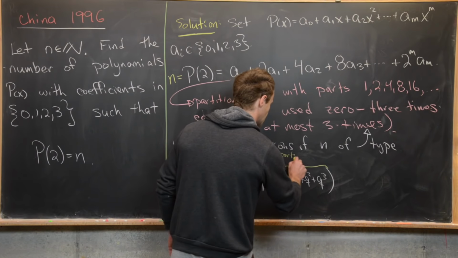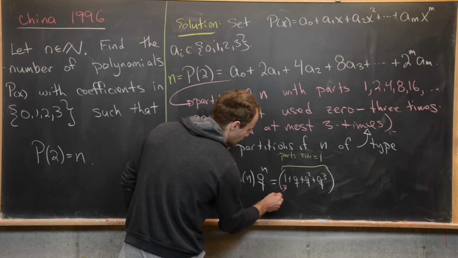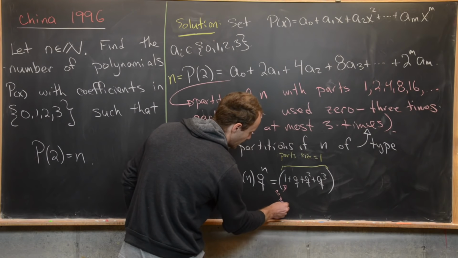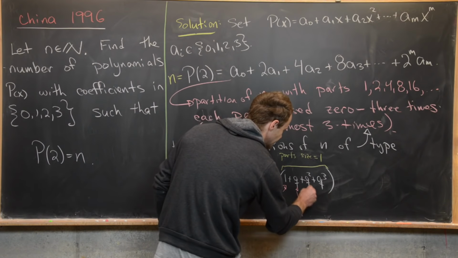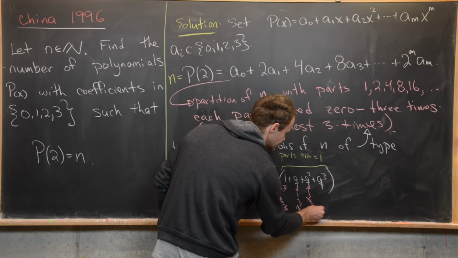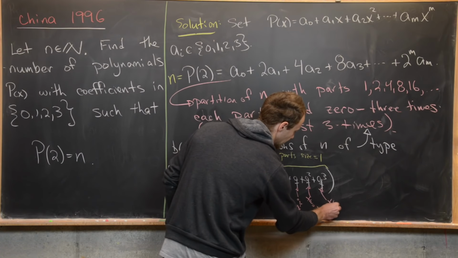The 1 here will be no parts. So if we take 1 as part of our multiplication, that's no parts of size 1. This right here will be 1 part of size 1, this q to the 1 power. This thing right here, which is q squared, will be 2 parts of size 1, and q cubed will be 3 parts of size 1.